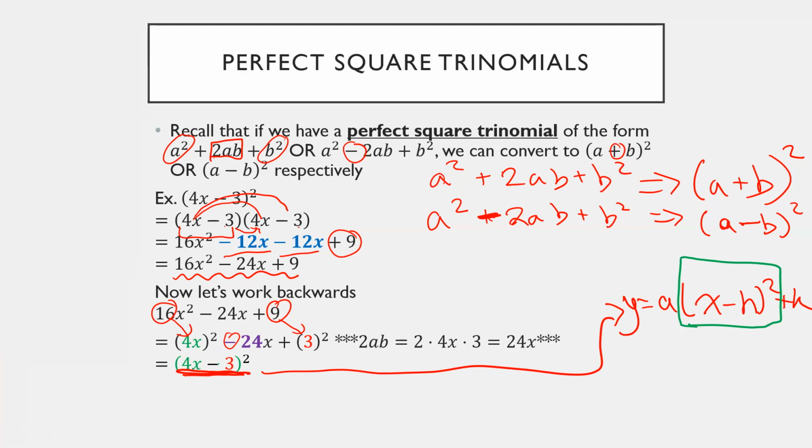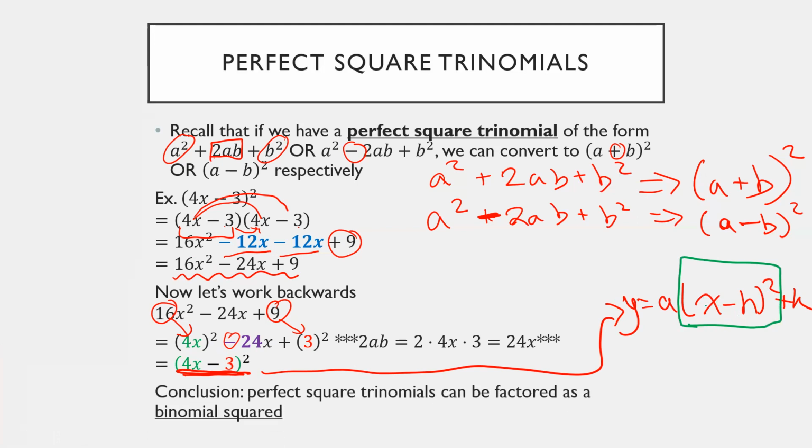So we notice that, hey, wait a minute, this actually looks almost like vertex form. So the conclusion here is that perfect square trinomials can actually be factored out as a binomial squared. So why is this important? That binomial squared really resembles vertex form.